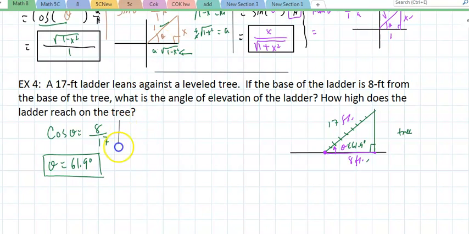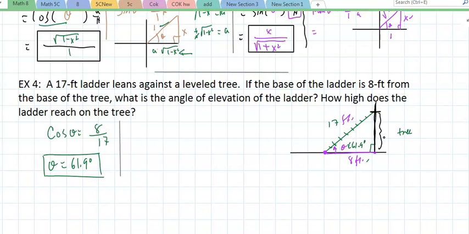Now, the second part is fairly simple. They say, how high does the ladder reach on the tree? Again, I don't know the height of the tree. The ladder is not leaning at the tip of the tree, but somewhere. If I ask how high that reaches, you could use the Pythagorean Theorem.